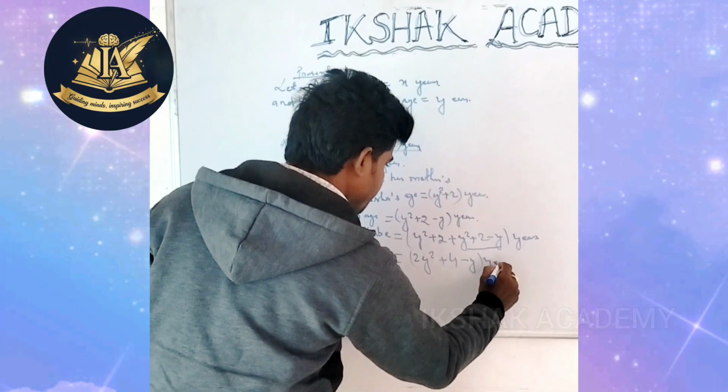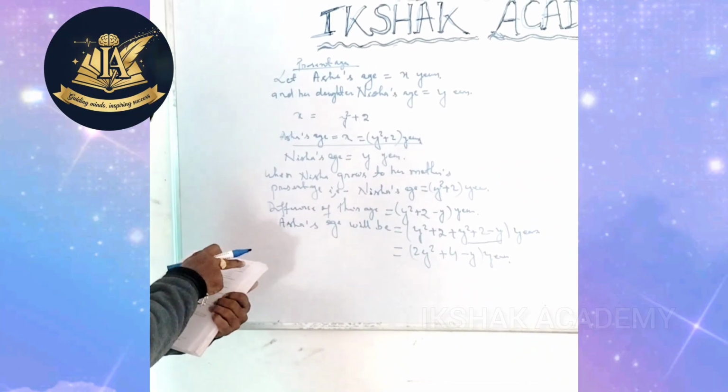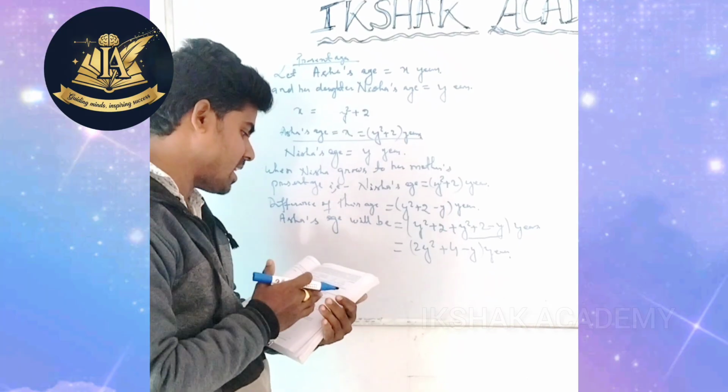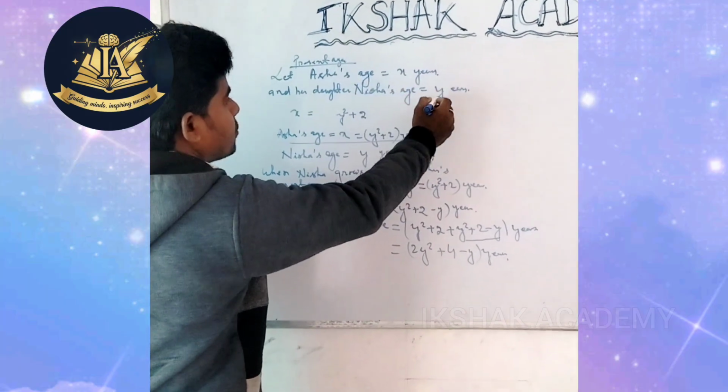As per your question, when Nisha grows to her mother's present age, Asha's age would be 1 year less than 10 times the present age of Nisha. The present age of Nisha is y years.